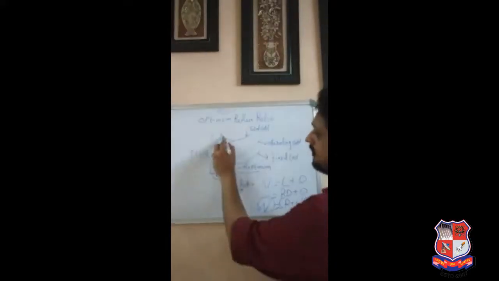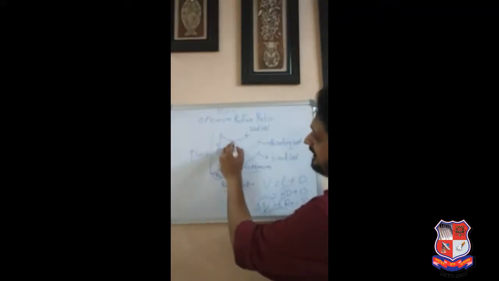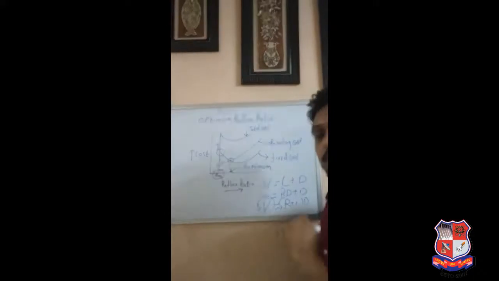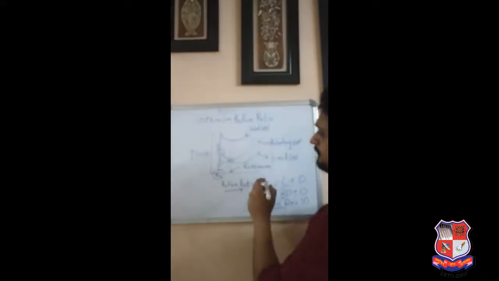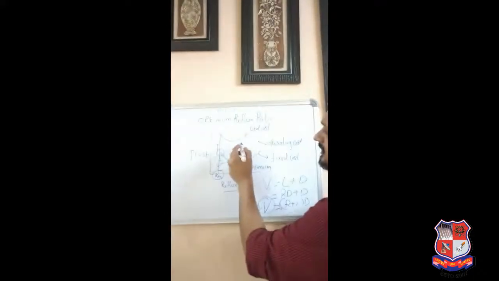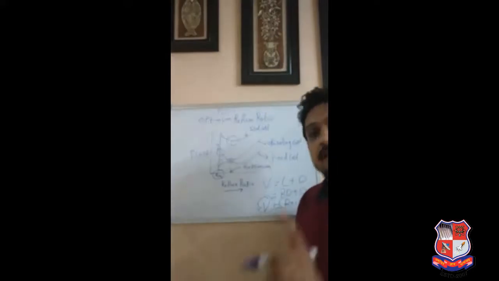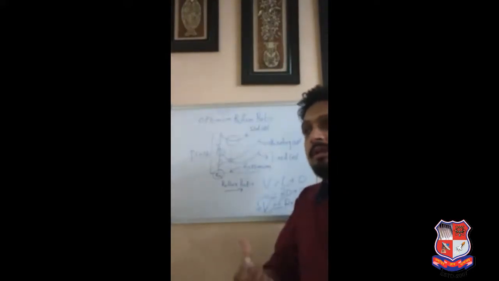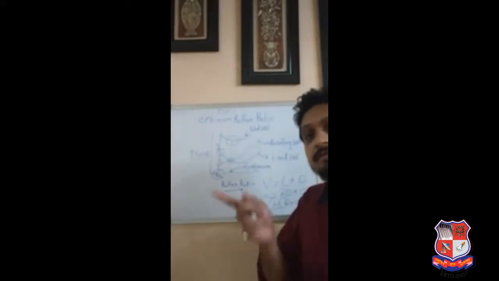So the total cost also decreases with increasing reflux ratio, and after some time it will increase beyond the optimum reflux ratio. So whenever the total cost in your system is minimum, at that point you will get your optimum reflux ratio. So it is always beneficial to run your column at the minimum of total cost. The reflux ratio corresponding to the minimum of this total cost is your optimum reflux ratio.